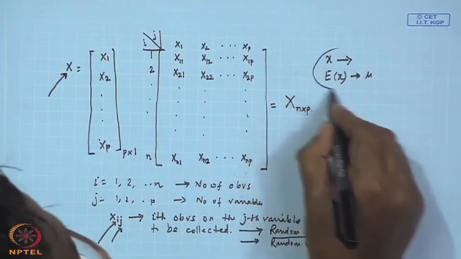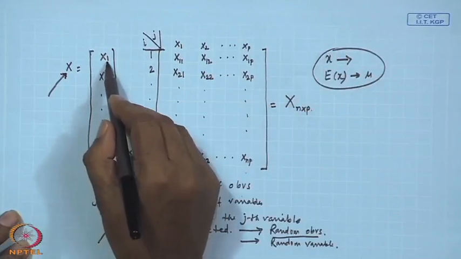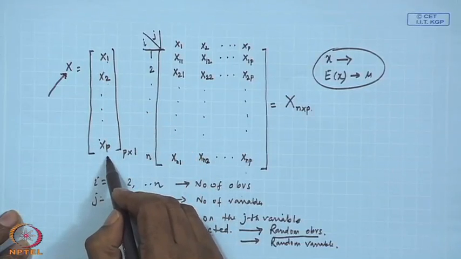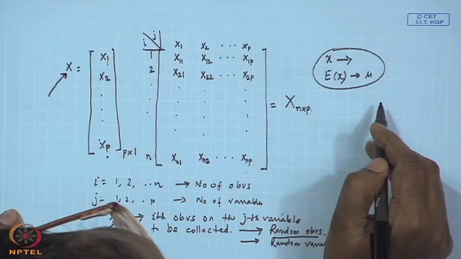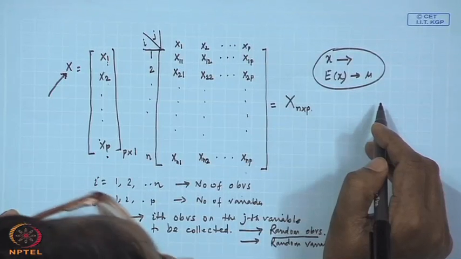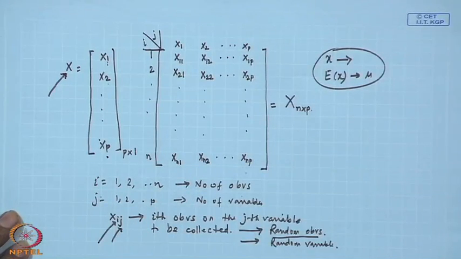If this is the case, then every variable here also has some expected value. That is what we will basically talk about as the mean vector.